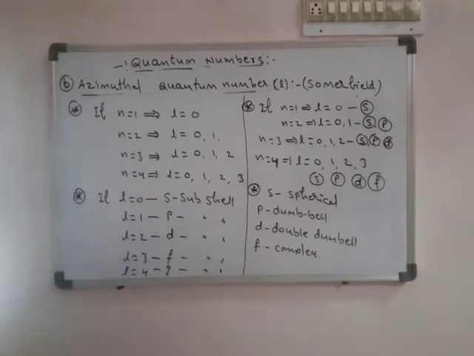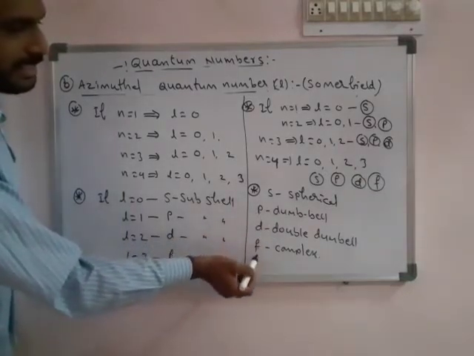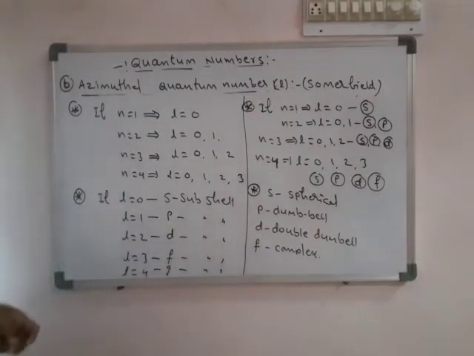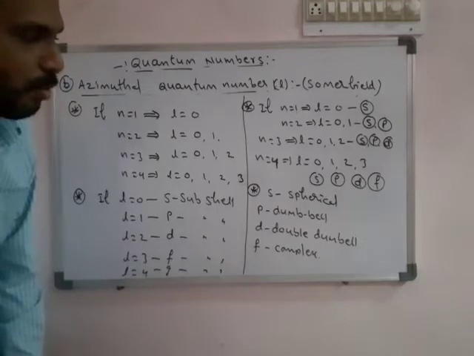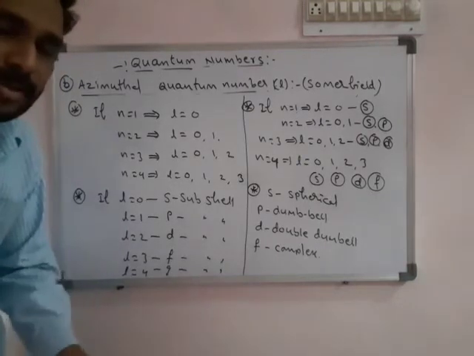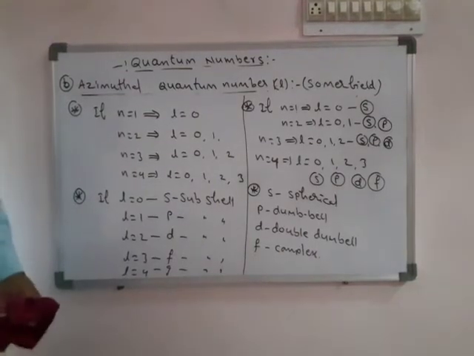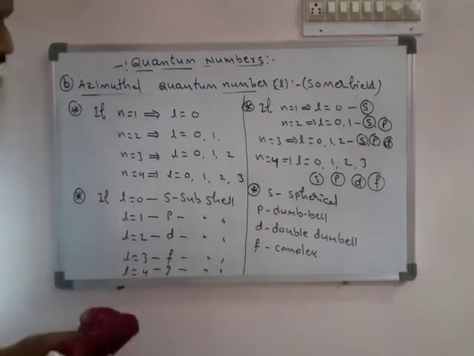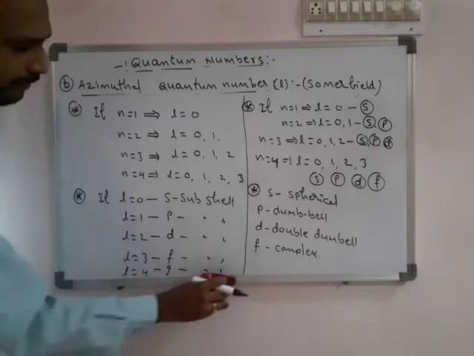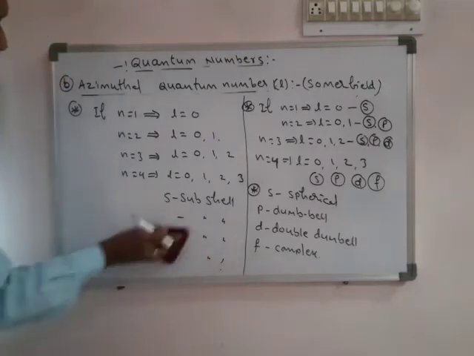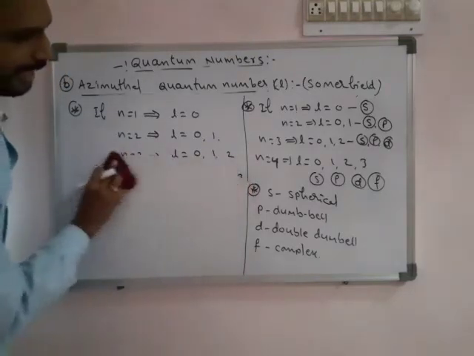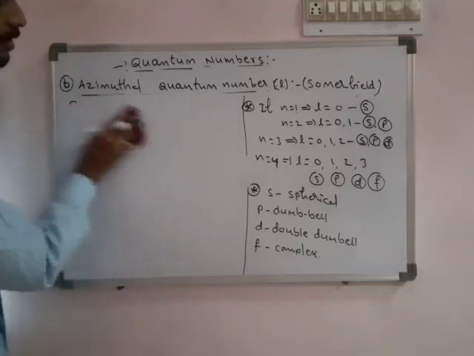Importantly, why are they given the names s, p, d, f? These are names given by the spectroscopic method. These terms belong to spectroscopic terms, and spectroscopy is a technique, like the X-ray technique. So now write down all these in the form of a table.